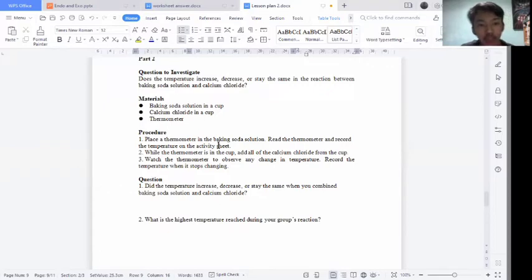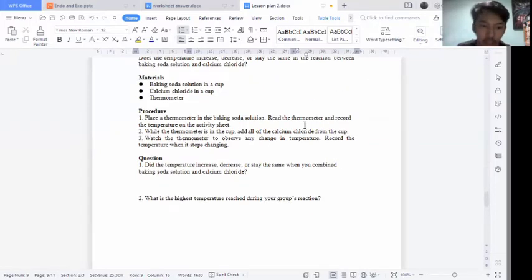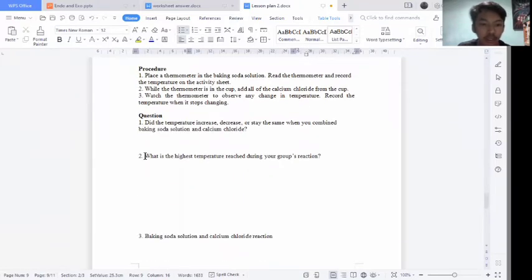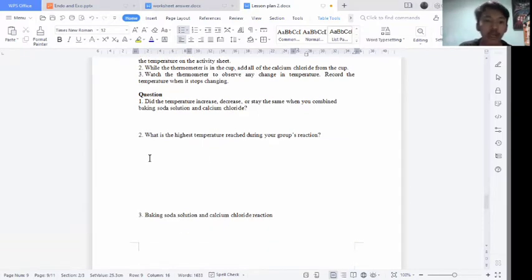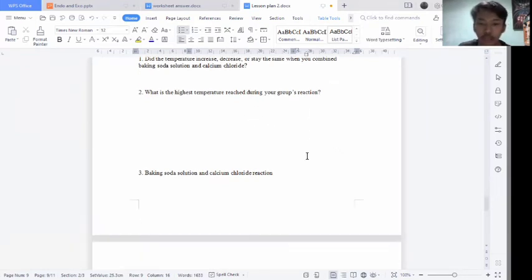After that, watch the thermometer to observe any changes in the temperature, and record the temperature when it stops changing. For the questions: did the temperature increase, decrease, or stay the same when you combine the baking soda solution and calcium chloride? What is the highest temperature reached during your group reaction?